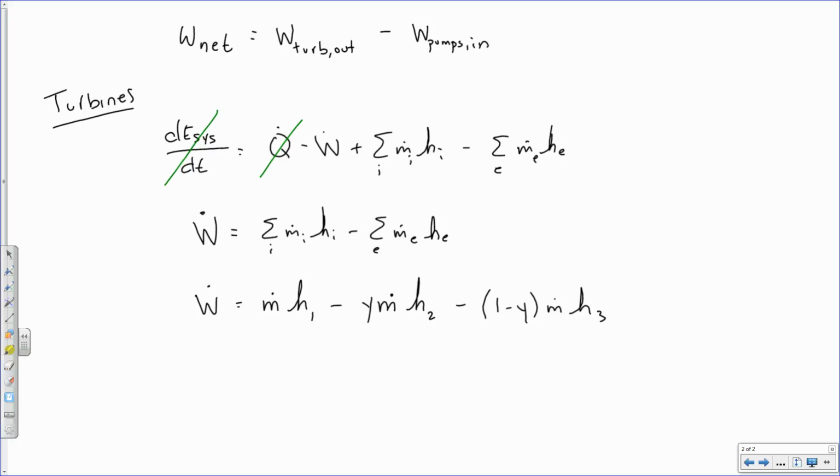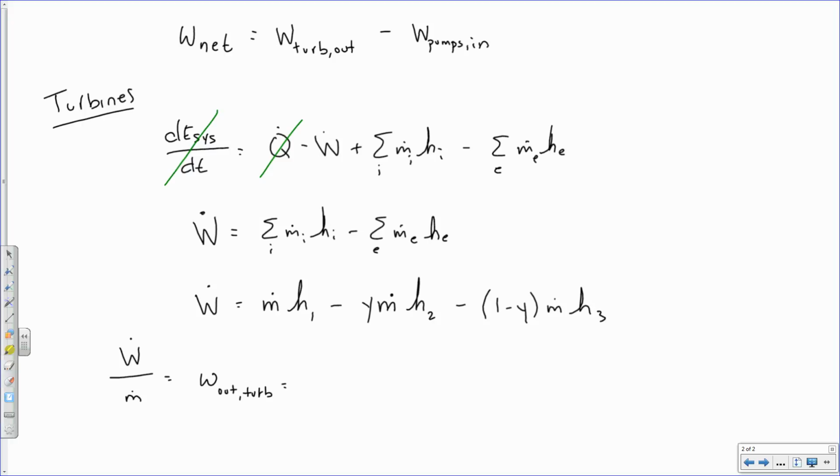In order to solve this problem, first of all, we can simplify this slightly by dividing both sides by m dot. What we get is W dot over m dot. If we were to just simplify this, this is just going to be equal to lowercase w, not the net work. No, this is the net work. This is the total amount of work out by the turbines.